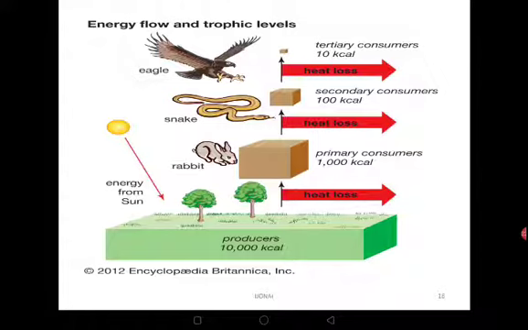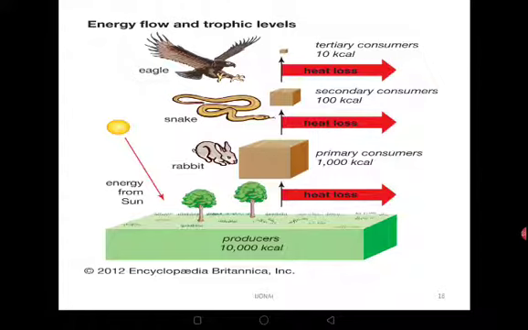And then from the rabbit to the snake, a lot of energy is lost again, and the snake gets only 100 kilocalories, and then the eagle up there only gets 10 kilocalories. So as you move from the producers to the tertiary consumer, my friend, I want you to note that energy is lost along the way, and little energy reaches the last consumer.